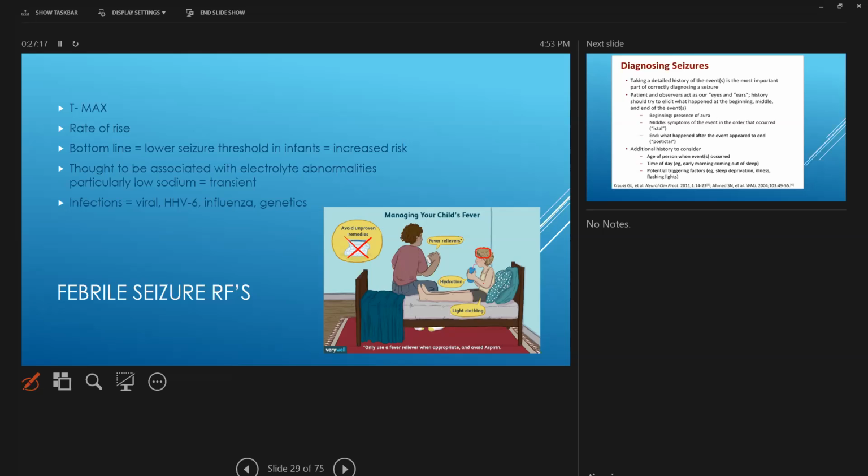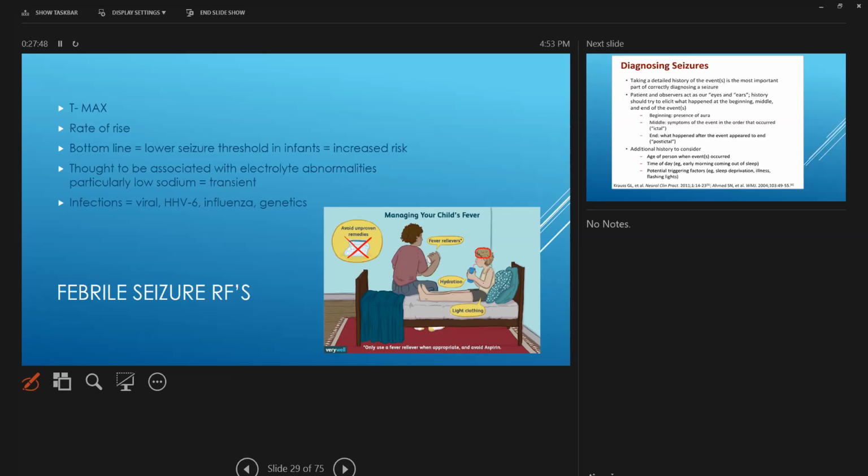So the bottom line with infants is, why do they seize? Well, because they have a lower seizure threshold, and we think that has to do with sodium abnormalities, but you can read up on it as much as you like. It's still pretty unknown. We know that it's the change in temperature, and we are starting to pinpoint that a lot of these tend to be associated with viral infections.